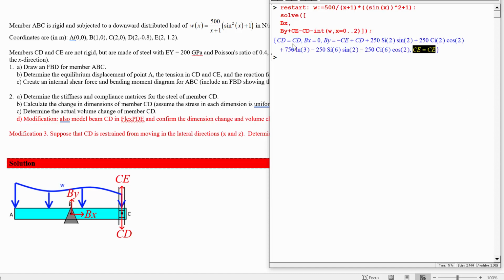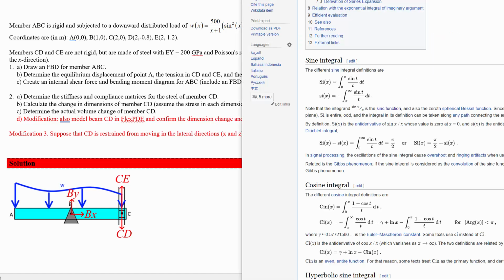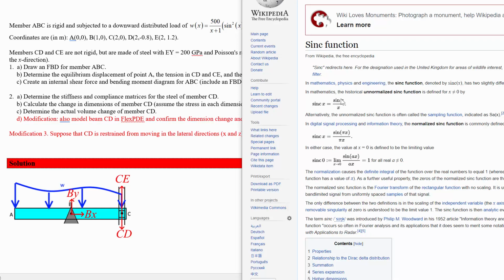But another thing that's interesting is the answers are all in terms of these Si of 2 and other Ci functions, Si of 2 as well, and Si of 6 and Ci of 6 maybe? Oh, they both would be C. Again, English's fault. Now this is just telling us, these are functions that are the integrals of sinc functions, of sine of something over something else, where a sinc function is if you have sine of x over x.